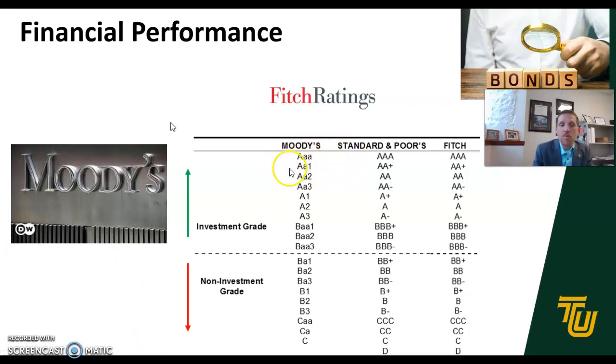The highest rated companies are the most financially sound, right? And so there's different bodies that set these bond ratings. AAA is the highest, okay? So that's the most financially sound organizations, okay?